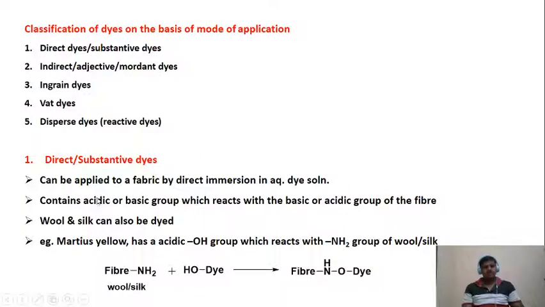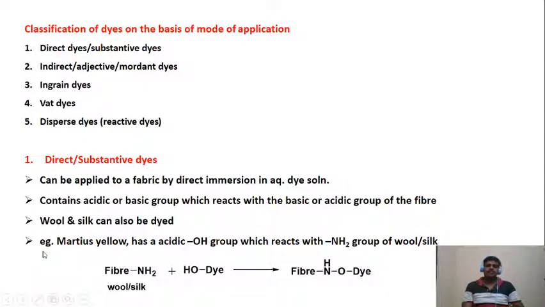First is direct or substantive dyes. These dyes can be applied to fabric by direct immersion of the fiber into an aqueous solution of the dye. It contains an acidic or basic group which reacts with the acidic or basic group on the fiber, so that they get attached to one another. It is used to dye wool and silk.